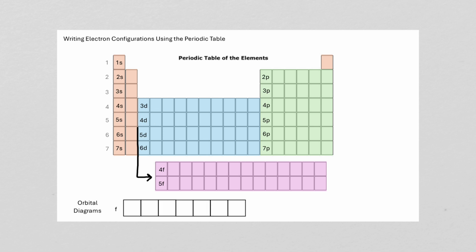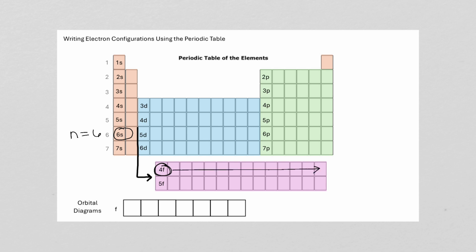If we look at the lanthanides and actinides, you'll notice that the energy level is actually offset by 2. With the transition metals, the energy level is offset by 1. Here they're offset by 2. If I'm in n equals 6 for the main group, I'm in 6s over here. Then I come down and I'm in 4f. As I go across the periodic table here, I'm in 4f.